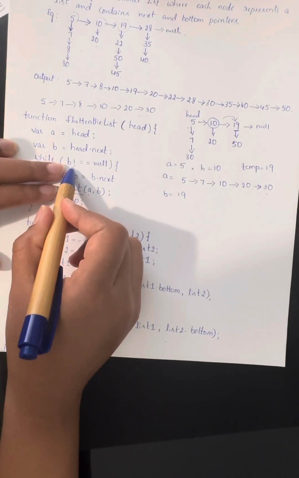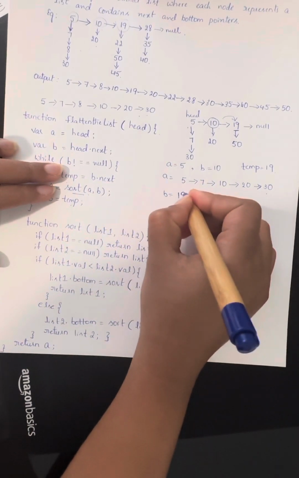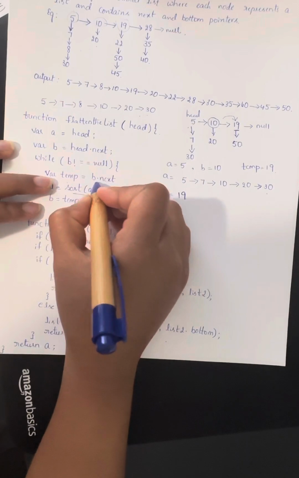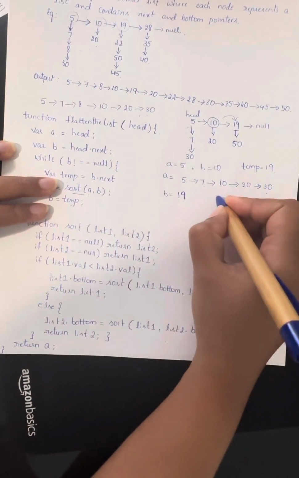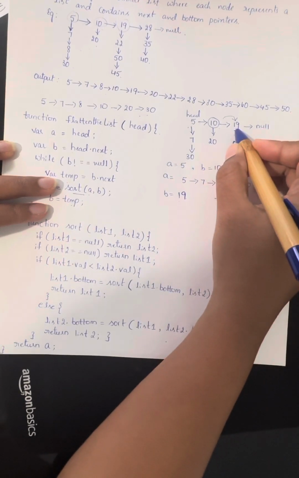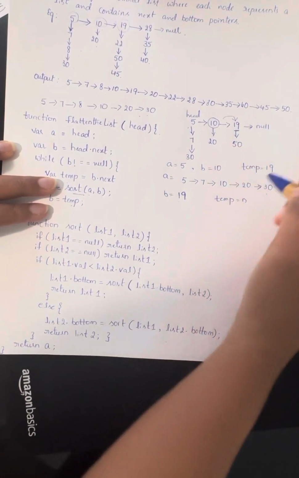It will check if b is equal to null. b is at node 19 and it is not null. In temp we are storing b.next, so temp becomes null because 19.next is null.